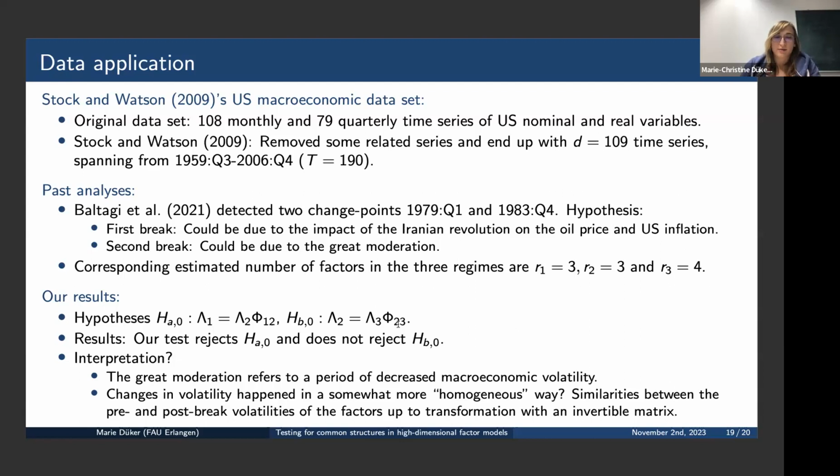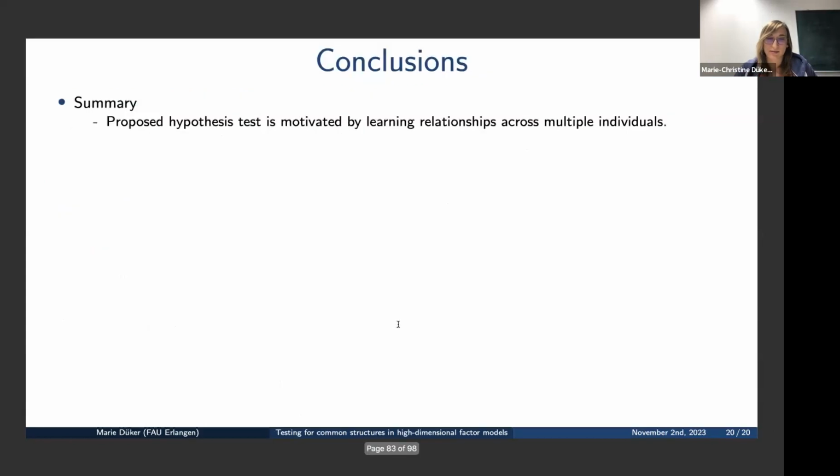Or one can also explain it in terms of the volatility, as I said earlier. But this is always hard to interpret, and obviously it's questionable.